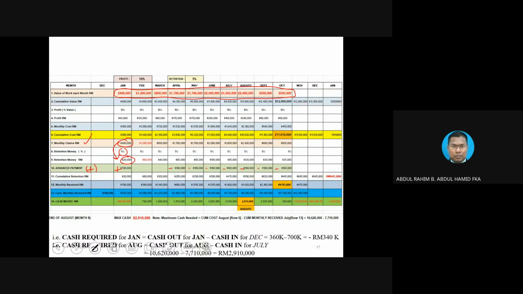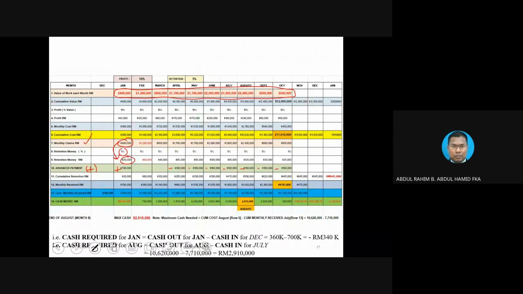That's how you put it into the table, but you need to understand which one to deduct later on. Even if you do not put the positive or negative sign, never mind. But later on, when you want to add or deduct, you must know which data to take into account.